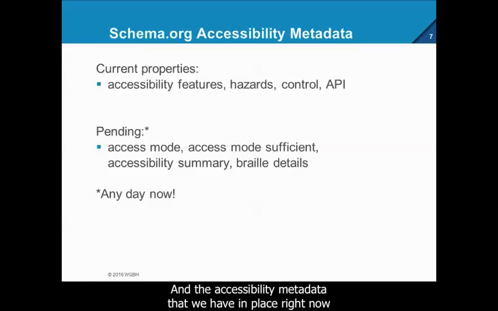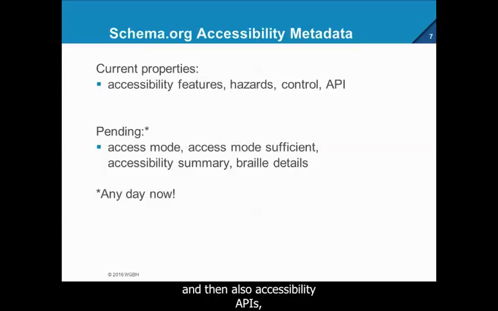And the accessibility metadata that we have in place right now includes a way to describe accessibility features. What features does this resource have? Accessibility hazards, as I mentioned. Accessibility control interfaces. So is this a resource that you need to use a mouse in order to operate it, or can it be operated fully from the keyboard or from a touch gesture system?